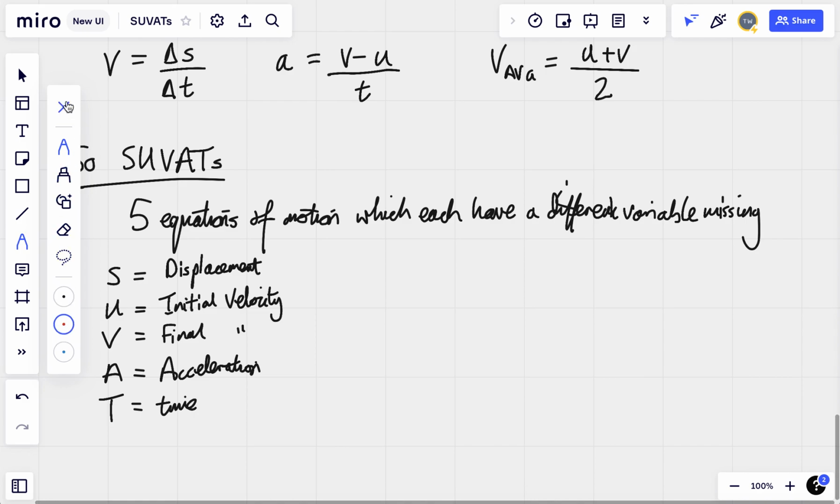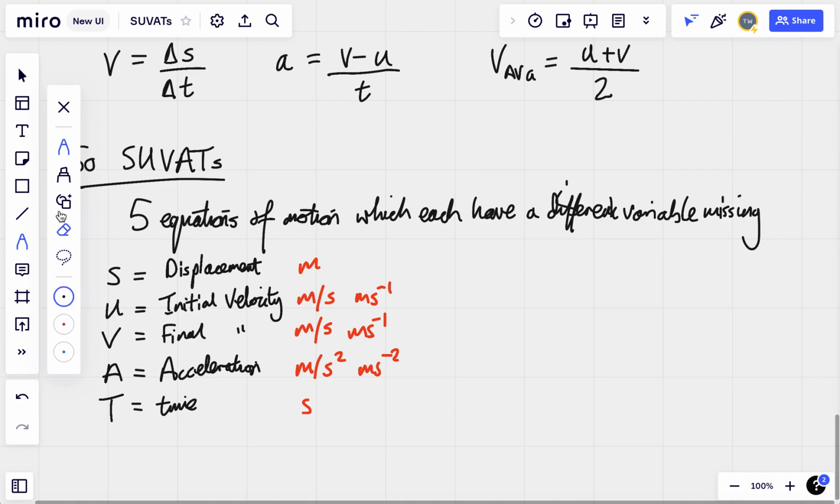Now units, make sure we're happy with these as well. The unit for displacement is m, meters. The two velocities are meters per second, or ms to the minus 1. Acceleration is m per s squared, or ms to the minus 2. And finally time is s.